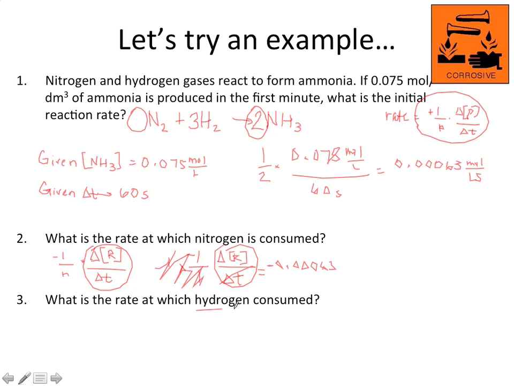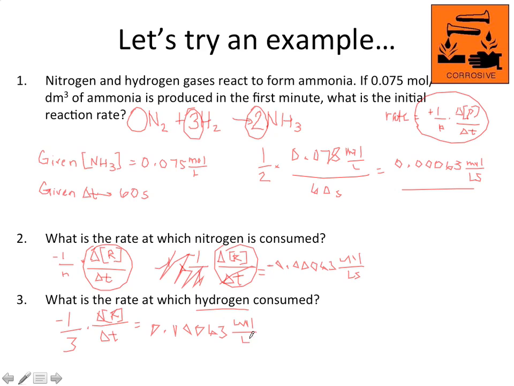Hydrogen, we're going to attack this problem the same way. I'm going to have, though, this time a negative 1 over 3, because 3 is my coefficient for H2, times my rate that I'm looking for, my delta concentration of the reactant over delta T, and that is equal to my value that I determined for my product, 0.00063. And I forgot my units here, moles over liter seconds.